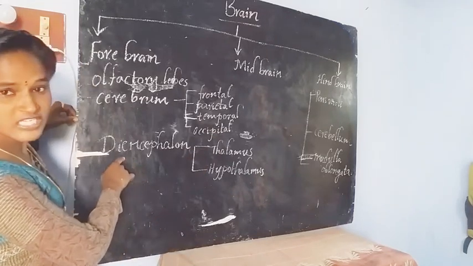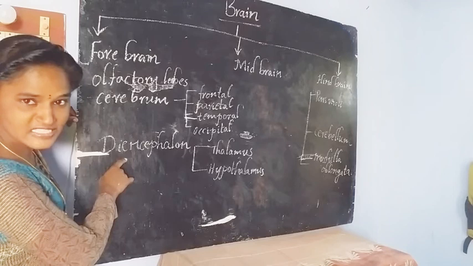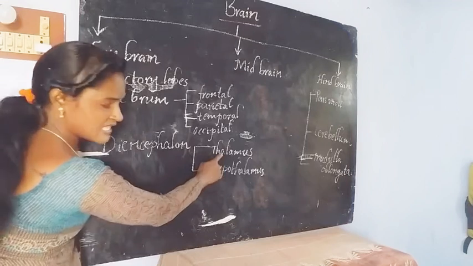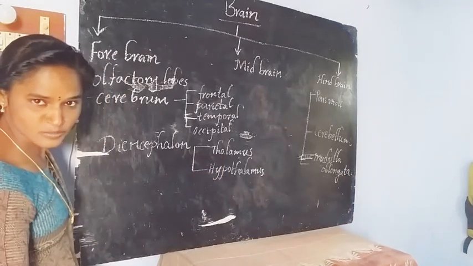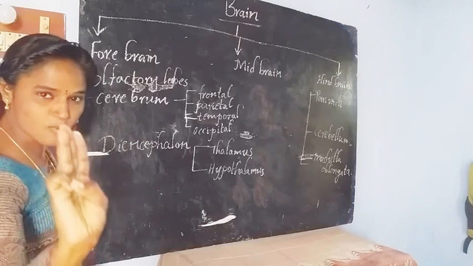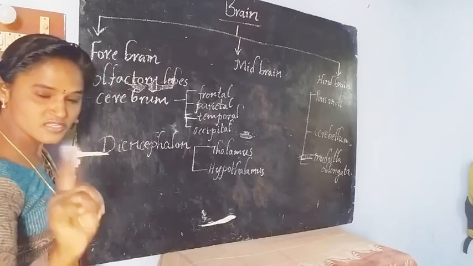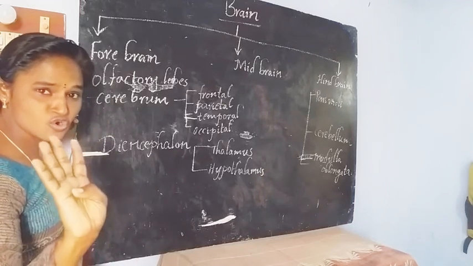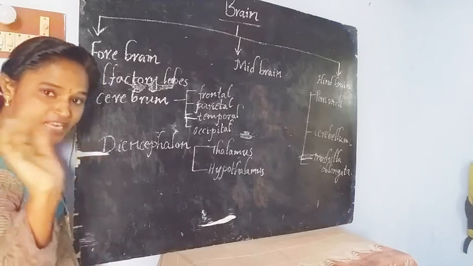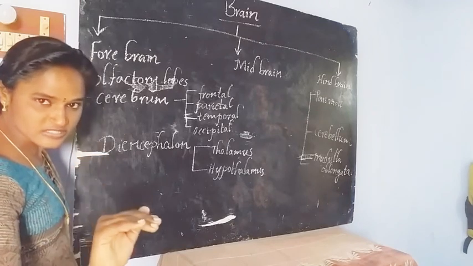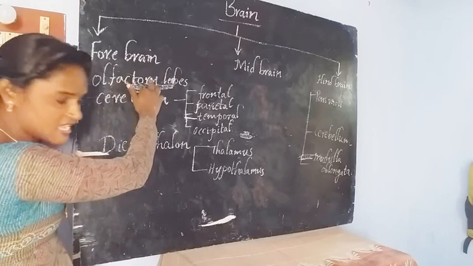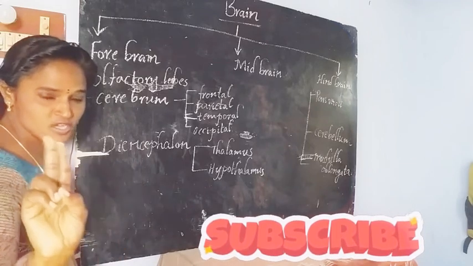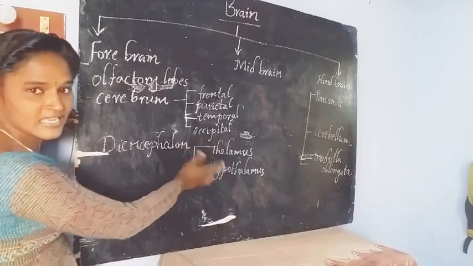The third part of the forebrain is the diencephalon, which contains 2 major parts: thalamus and hypothalamus.